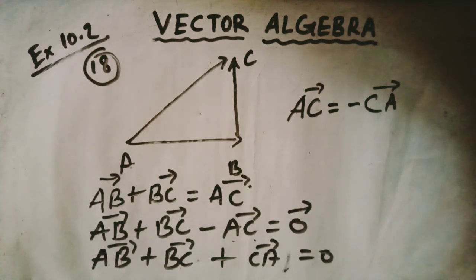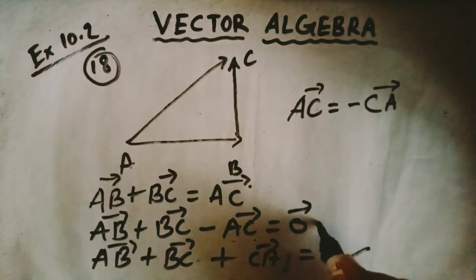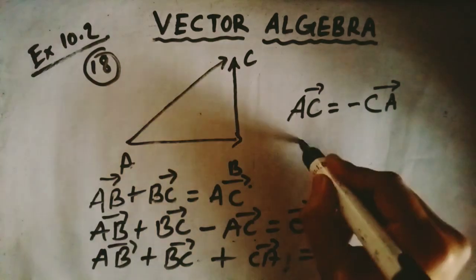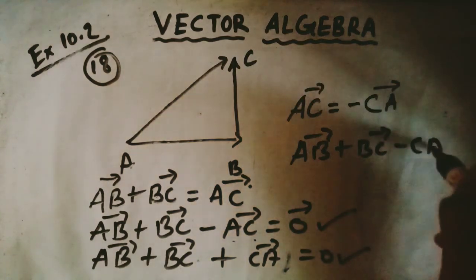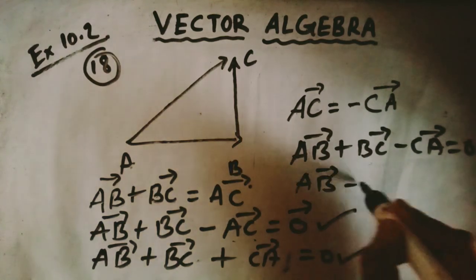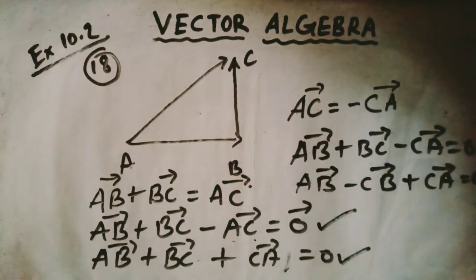This option is given. Also we have this option, AB plus BC minus AC. Two options are remaining: AB plus BC minus CA, and AB minus CB plus CA equal to 0.